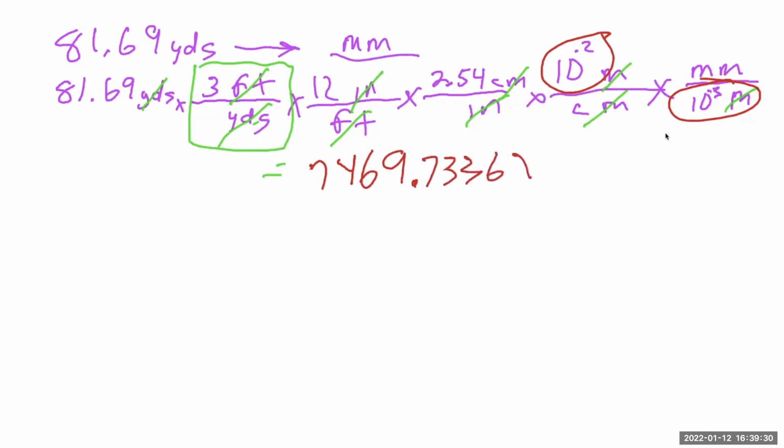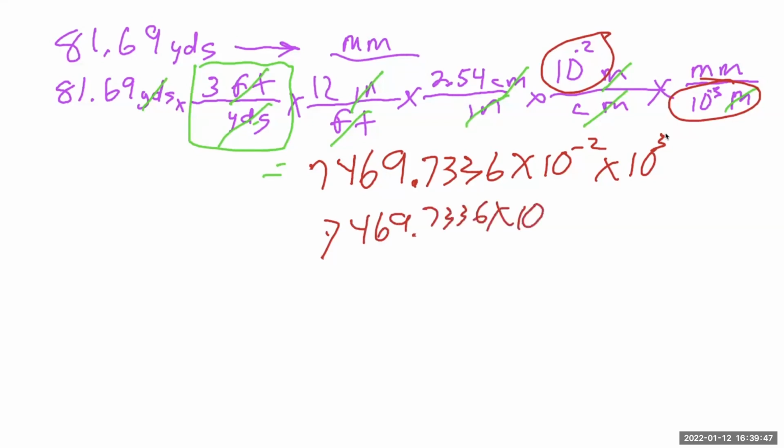And this is times 10 to the minus 2 times 10 to the third. Remember, when we bring that negative 3 up, it changes the sign. So this becomes 7469.7336 times 10 to the 1, because minus 2 and 3 added together is 1.